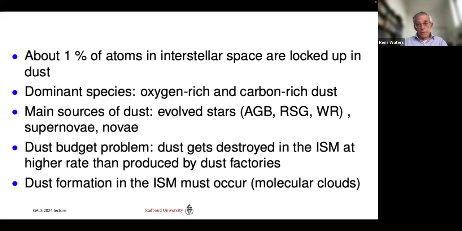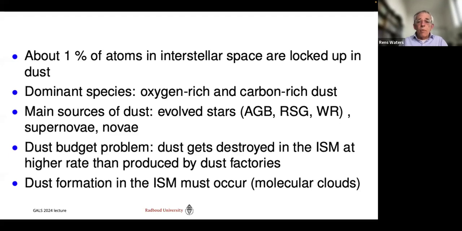You can think about amorphous carbon, but also graphitic material, and then all kinds of other very small carbon-rich molecules like polycyclic aromatic hydrocarbons. We think the main sources of dust are evolved stars, asymptotic giant branch stars that have a slow wind. We'll get to those, or red supergiants or Wolf-Rayet stars, but also supernovae and novae add to this.